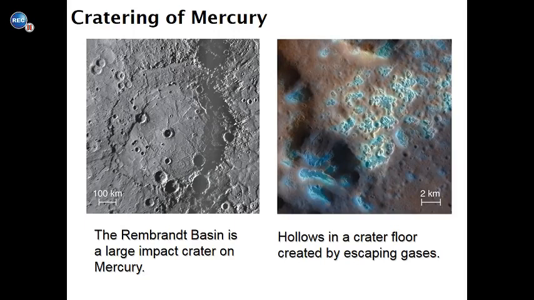And so here is a large impact crater on the left, and you can see the smaller impacts that have occurred later on top of it. And in some places, craters leave hollows where there's escaping gases coming out of the crater.